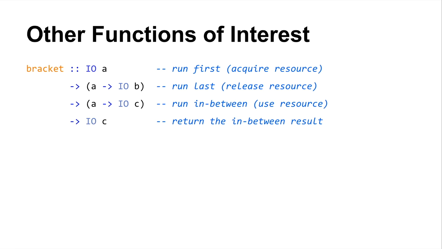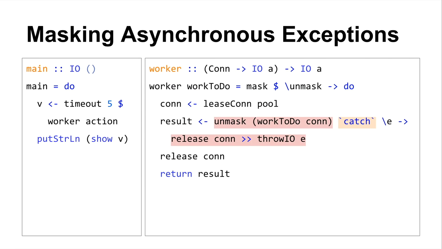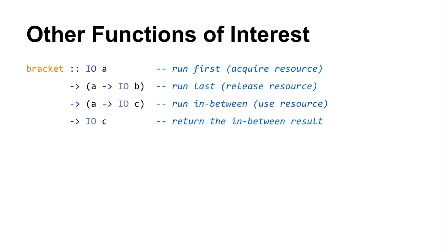So this is a little extreme. I have talked to some people in this room that write a bit of Haskell, and I've been told that folks will often use the bracket function, which abstracts over what you're seeing in that earlier example. As I mentioned before, Control.Exception exports a bunch of functions that build on some of these lower level functions. With bracket, you give it an IO computation, which would be like lease my connection from the pool.